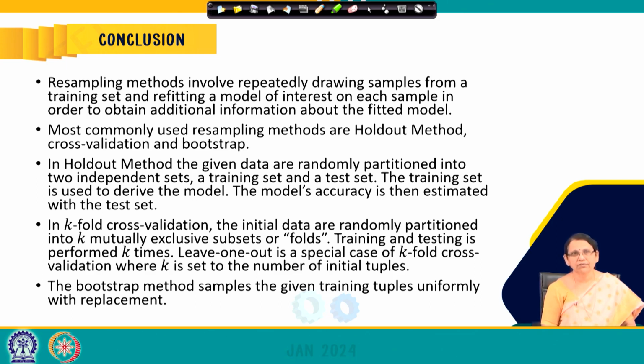Leave-one-out cross validation is a special type of k-fold cross validation where k is set to the number of initial tuples, n. One at a time is used for testing. The bootstrap method samples the given training tuples uniformly with replacement.